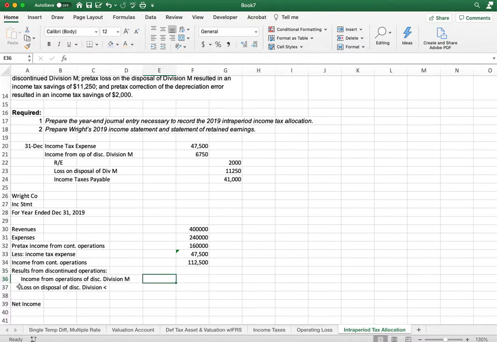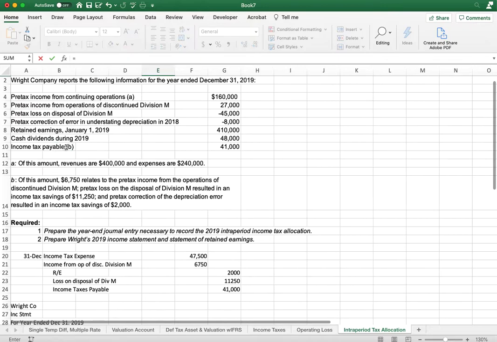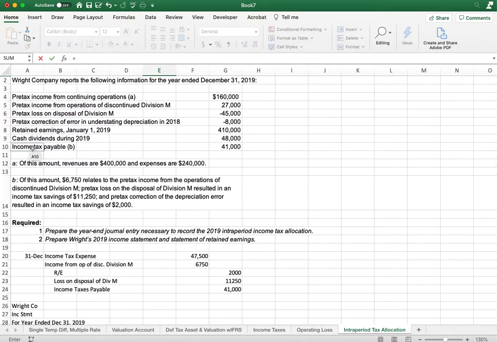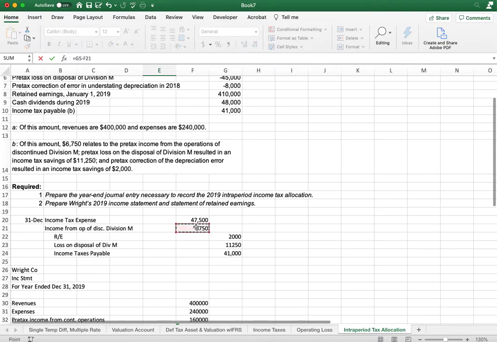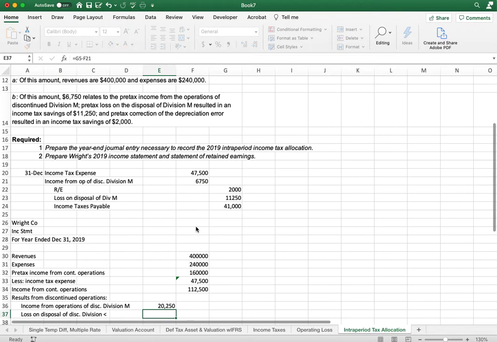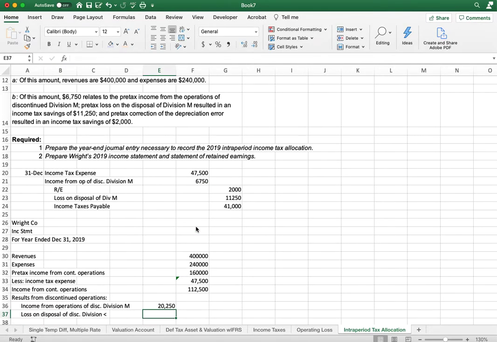Then our income from operations on the discontinued Division M is going to be up here to $27,000 minus the $6,750. Now we'll do the same thing, because remember that we're showing these net of the income tax.